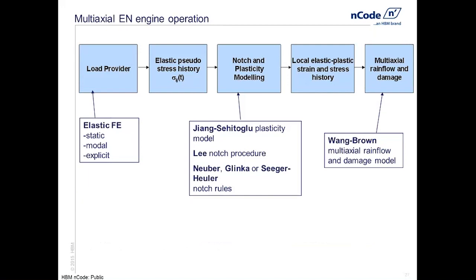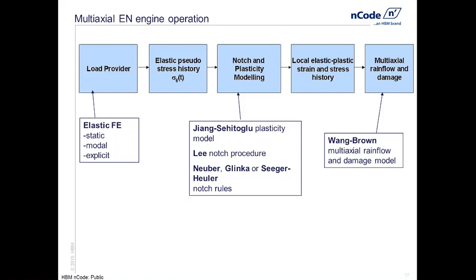Now the analysis process is a little different from the standard EN engine because of the need to address path dependence in the material stress strain response. So you can no longer just work from the turning points. The process starts off by assembling the elastic pseudo stress history based on the external loads and the FE.